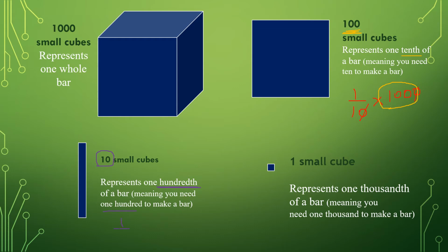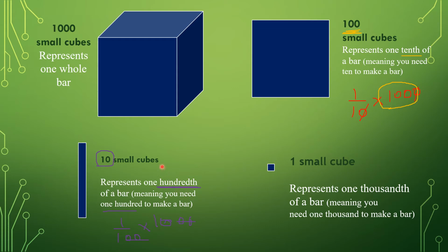That means 1 over 100 multiplied by 1,000. Two zeros cancel, so 10. We have got 10. So this stick has 10 small cubes, and it represents the 1/100th part.